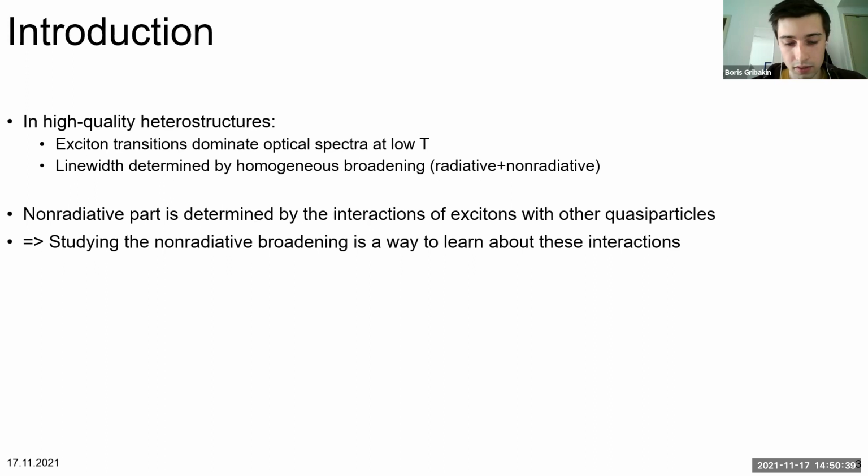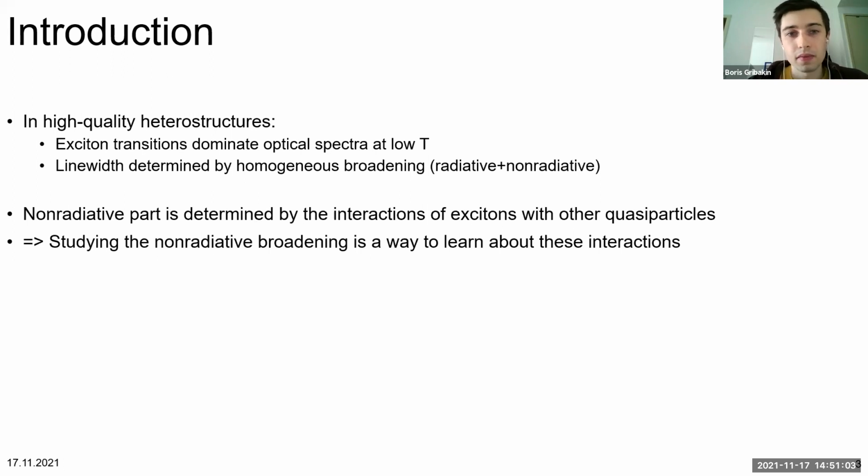The primary thing that allows investigations of interactions between excitons and other quasiparticles is the fact that modern day heterostructures can be of very high quality, which is reflected in the fact that the lines of exciton resonances are determined entirely by homogeneous broadening.